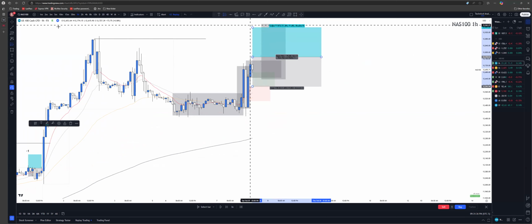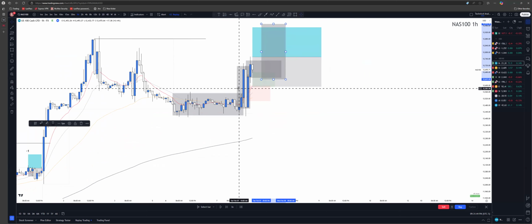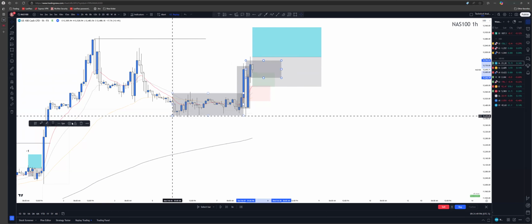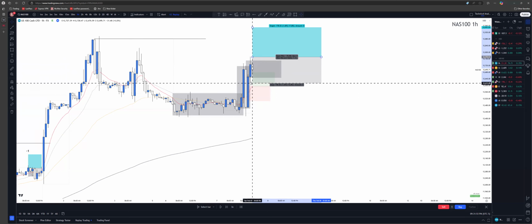We enter through this high. Stop loss would be 88, so it could rest below this low.